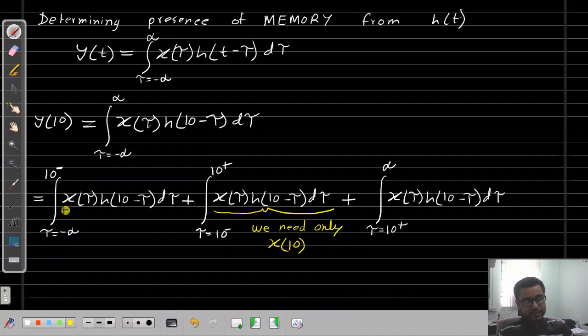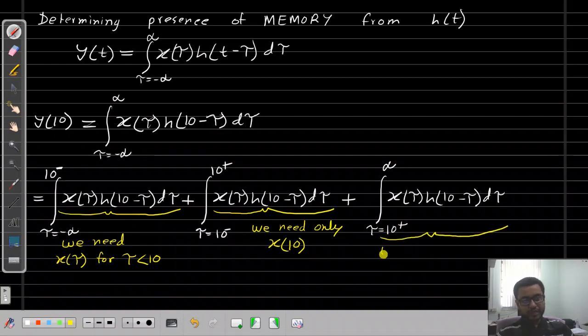However, to calculate this part of the integration here we need input x of tau for tau less than 10, and for this part we need input x of tau for tau greater than 10, but we are calculating output at time 10.